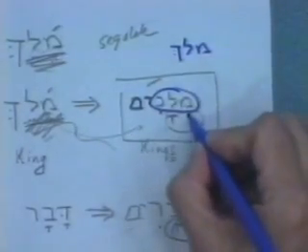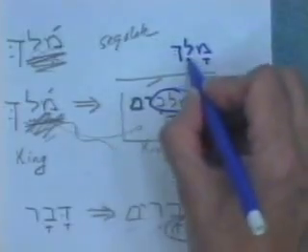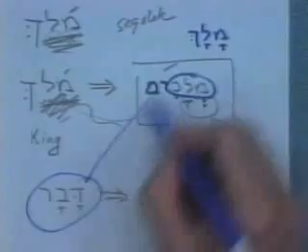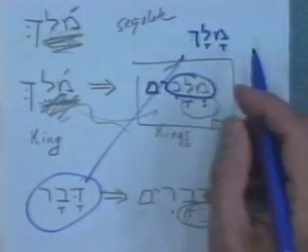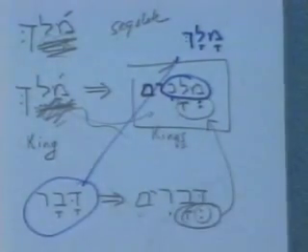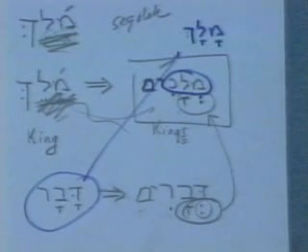So this is probably a schwa, and if I run the rule, qamets, short schwa, propretonic, backwards, this should be a qamets, and that's a qamets. So by analogy to davar, you create the word malak. And you're going, I never learned that word. And then you look it up in the lexicon, and it isn't there. But what will be there under the same consonants is not malak, but melek. And chances are you stumble into the right word that way, even when you're stumped.